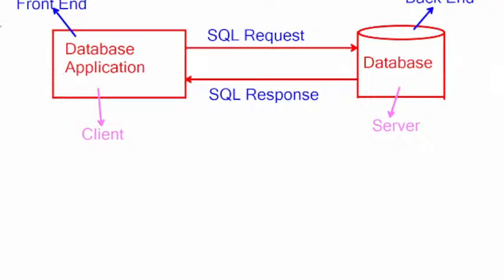This type of application we can build. So this type of applications we can build with JDBC. To build this type of applications, we require rules and guidelines, that is JDBC.